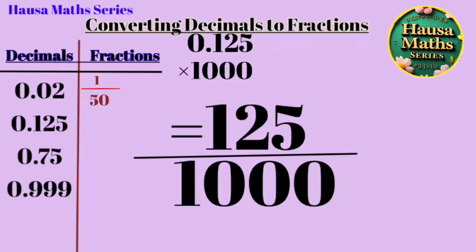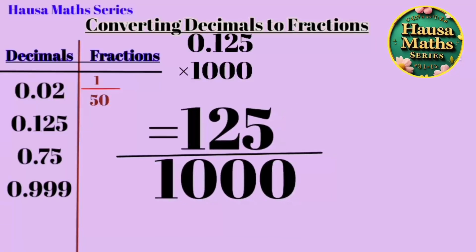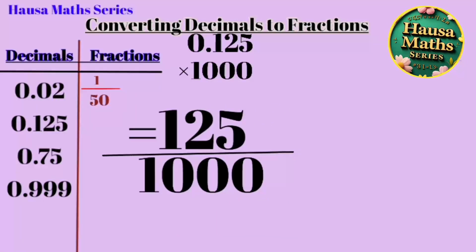So we have 0.125 times 1000 as 125. Then 125 divided by 1000, because we already multiplied by 1000, and now the result we are going to divide by 1000 so that it will be equal to 0.125 as we started, but in the form of a fraction. So which number can go in 125 and can go in 1000?